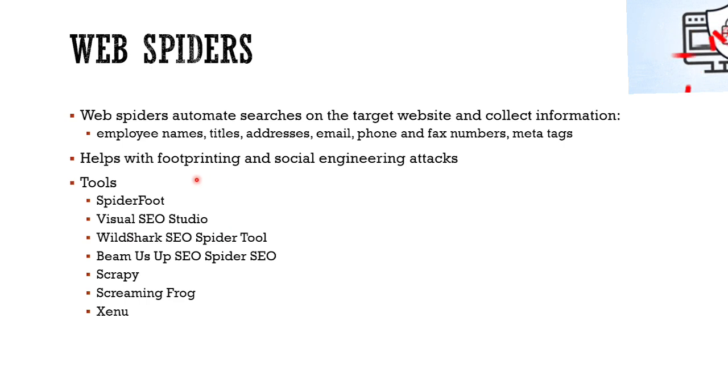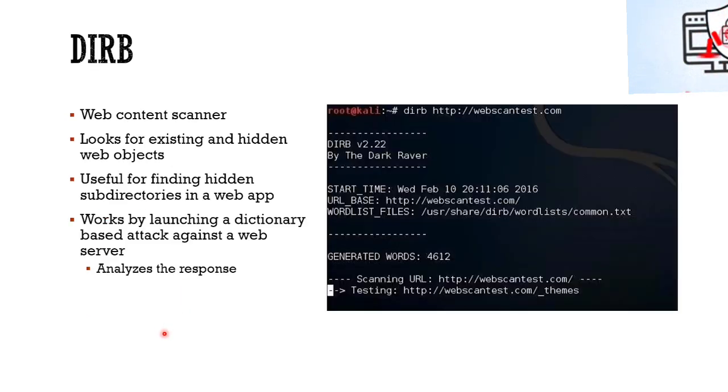Here's a tool called DIRB. It's a command line tool, and its whole purpose is to look for hidden web objects, as well as existing ones. It's really good at trying to find hidden web subdirectories. So, like, you can go to a website, and you'll find navigation links to go here and go there, and that content is usually stored in different directories.